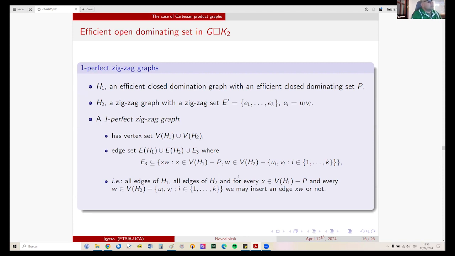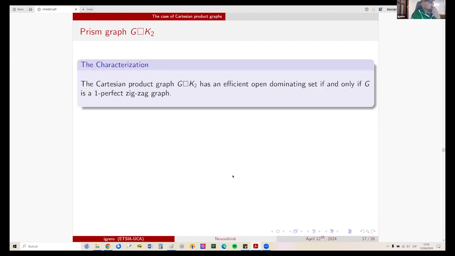With this graph in mind, we were able to prove that the Cartesian product of a graph G with K2 has an efficient open dominating set if and only if the graph G is a one perfect zigzag graph. The graph needs to have one part in which we have this zigzag, and in the other part there will be this efficient closed dominating set and some edges between them.